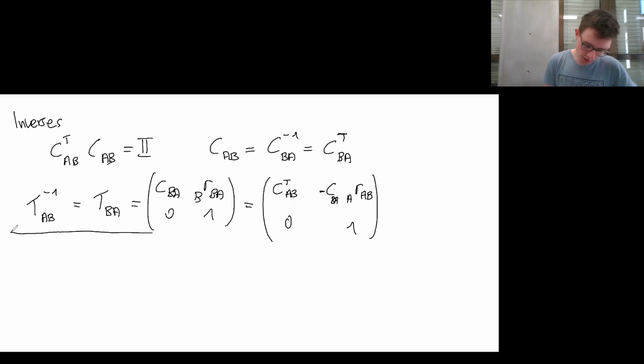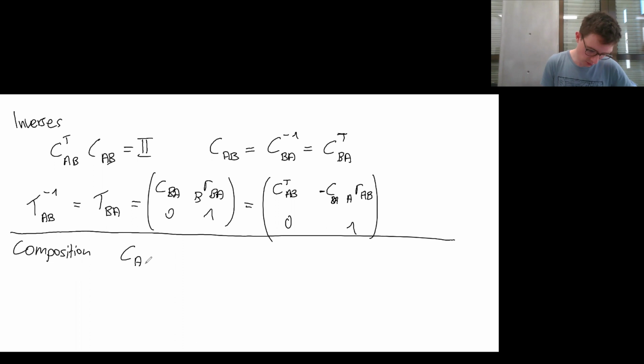And the final part is composition, so how to chain multiple of those transforms together. And this is as easy as it gets. So the rotation matrix from A to B, if you have an intermediate frame somewhere in between, would be C_AP, let's say frame P, times C_PB.